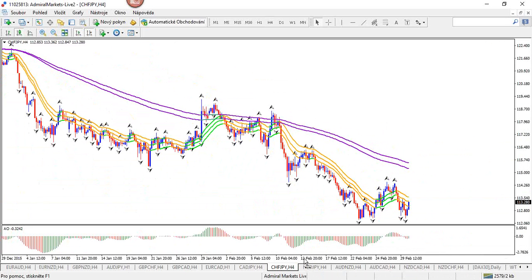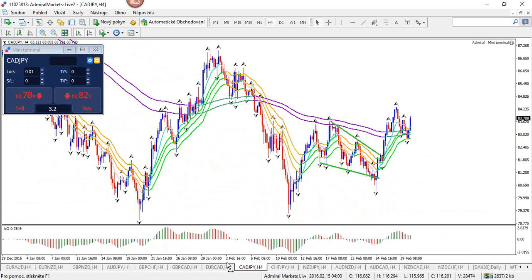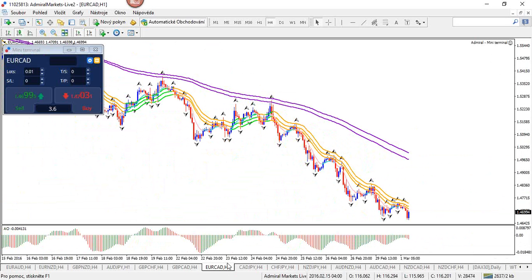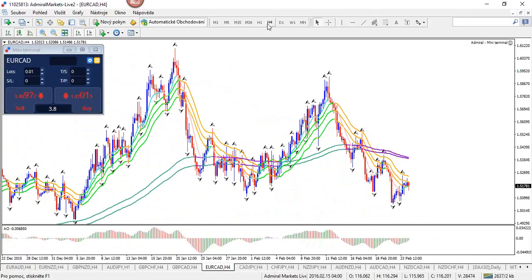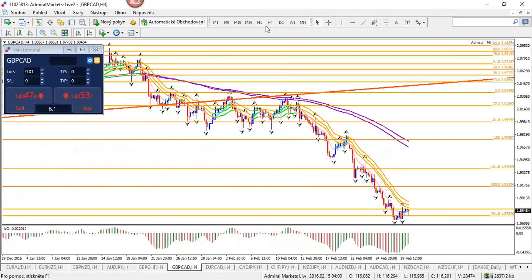Divergence does not look interesting. Could be okay, but pound CAD looks a bit better than the Euro CAD. So yeah, odd CAD, New Zealand CAD, pound CAD do look good, I would say. CAD there still looking like it has some potential there.